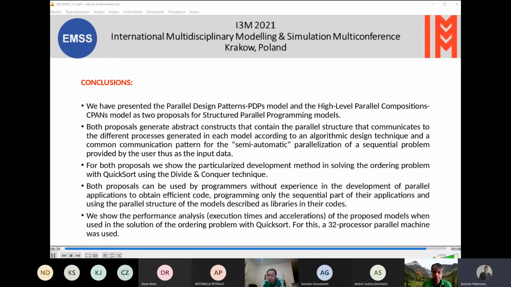We show the performance analysis, execution times, and acceleration of the proposed model when used in the solution of the ordering problem with quicksort. In this case, a 32 processor parallel machine was used.